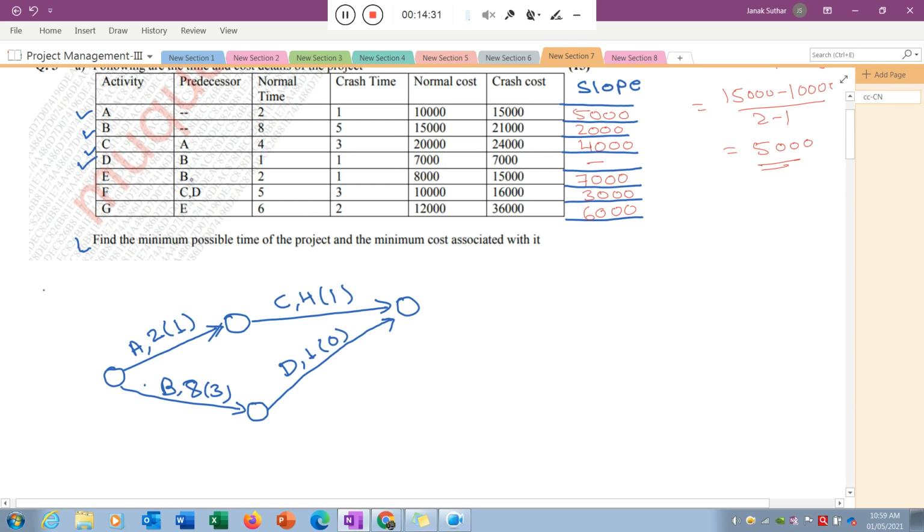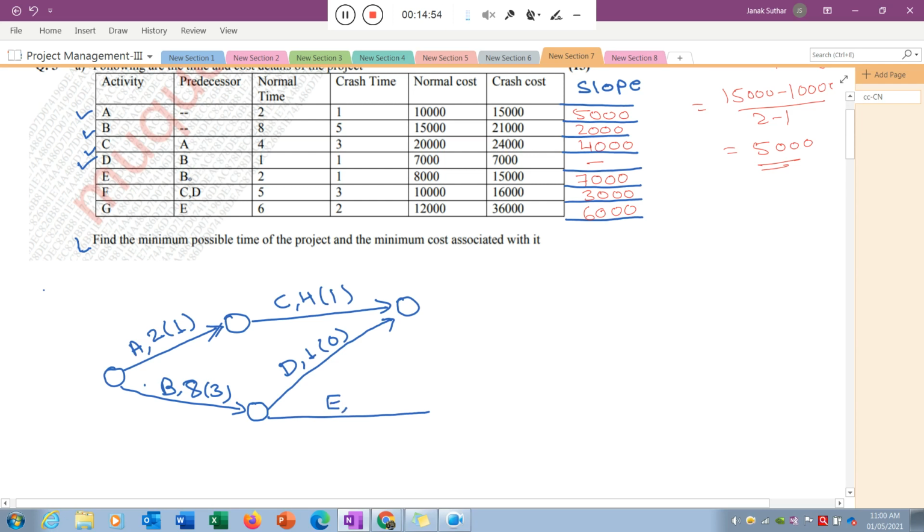When will E start? Once B is complete. Okay, no, I'm sorry, this is activity E. In activity E, B must be complete.